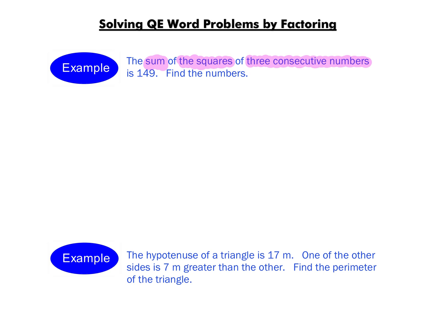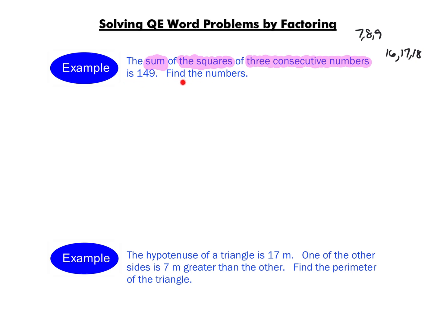Well, three consecutive numbers is something like 7, 8, 9, or 16, 17, 18. Those are consecutive numbers, okay? So we're going to square three consecutive numbers, right? Squaring three consecutive numbers. We're going to add them, because it says sum, and we're going to get 149.